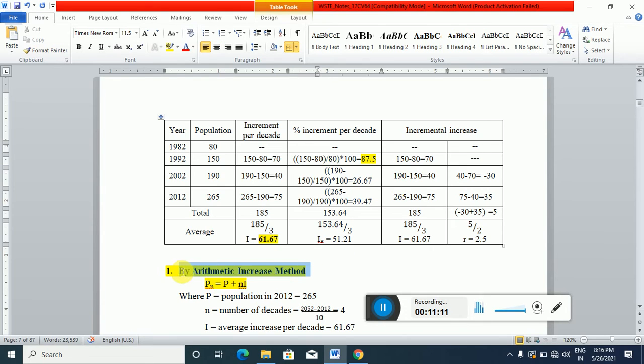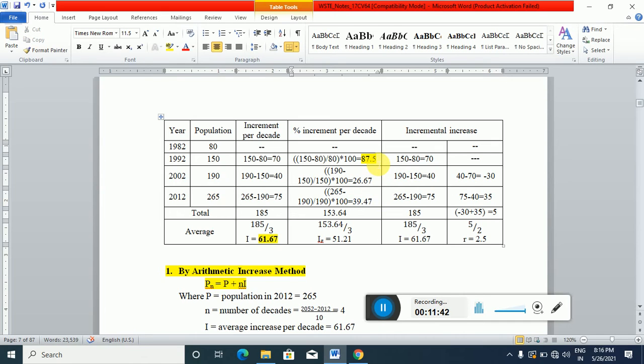Similarly for the year 2002, the incremental increase will be 190 minus 150 divided by 150 into 100, which becomes 26.67. Similarly for the next decade, 265 minus 190, divided by 190 into 100, you will get 39.47.